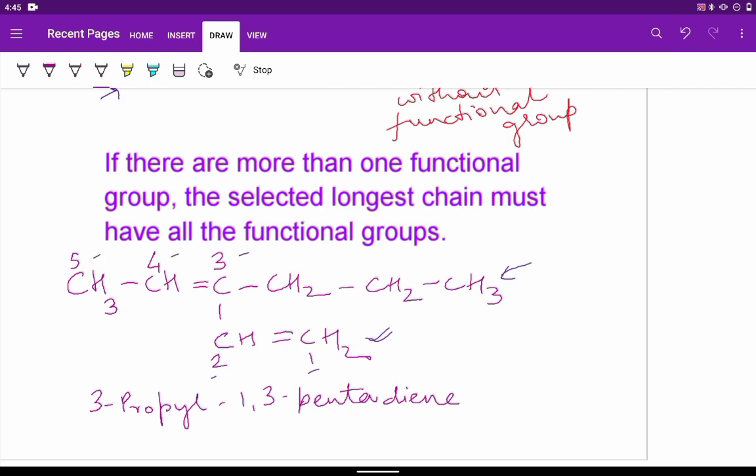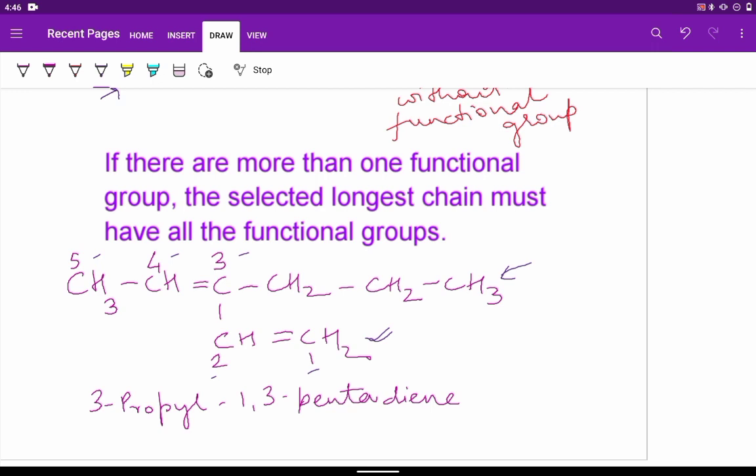Since it is a 5-carbon chain, it has to have the root word pent. And in this you see there are two double bonds. Double bond means the suffix should be "-ene", and there are two, so it is diene. So it will be pentadiene. And what are the locations? Carbon number 1 and carbon number 3 have the double bond. So it will be 1,3-pentadiene.